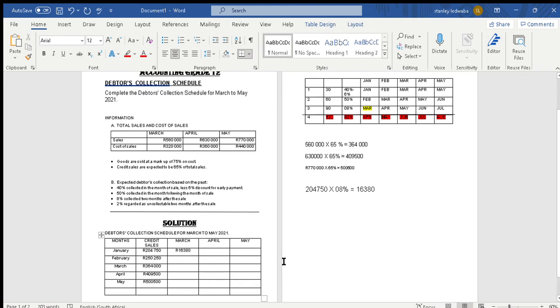Okay, then we are done with this line. Then we are coming here on February. We said on each month we collect from March, April, and May. Then we are on February. On February we have March, right? We have March. Let me take it back to yellow. We have March.